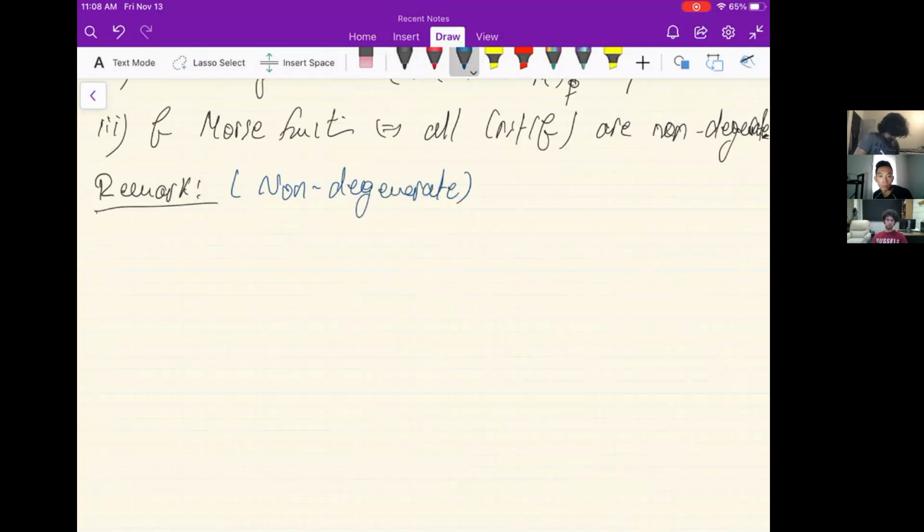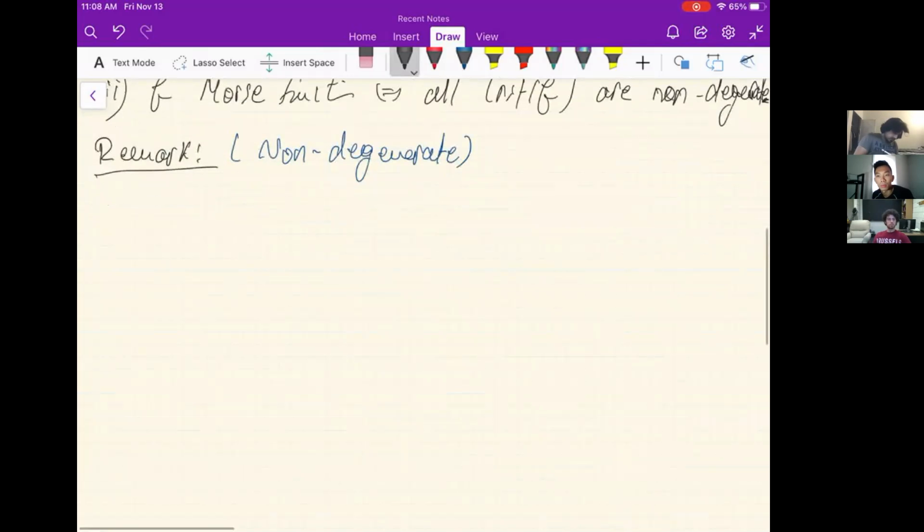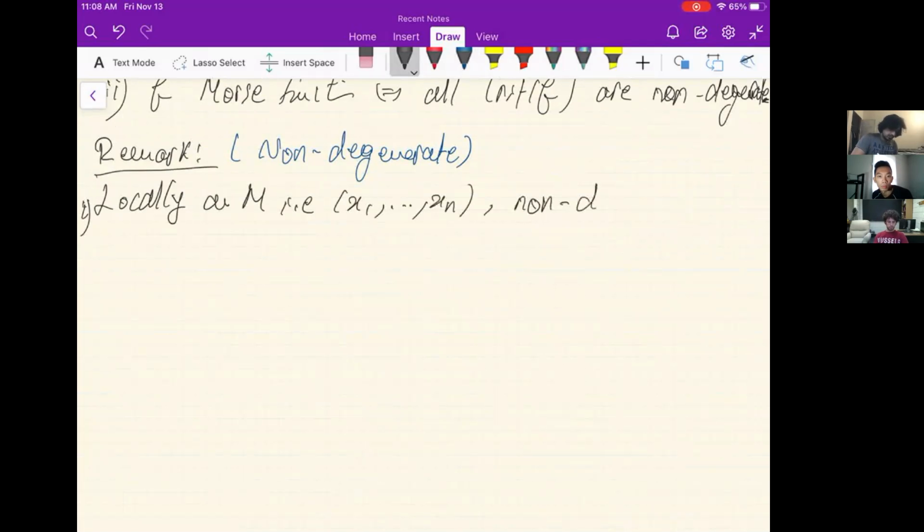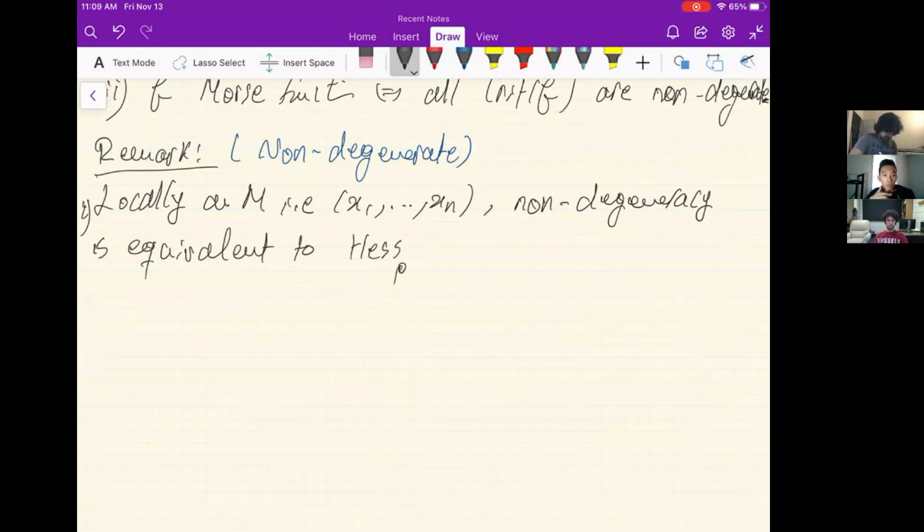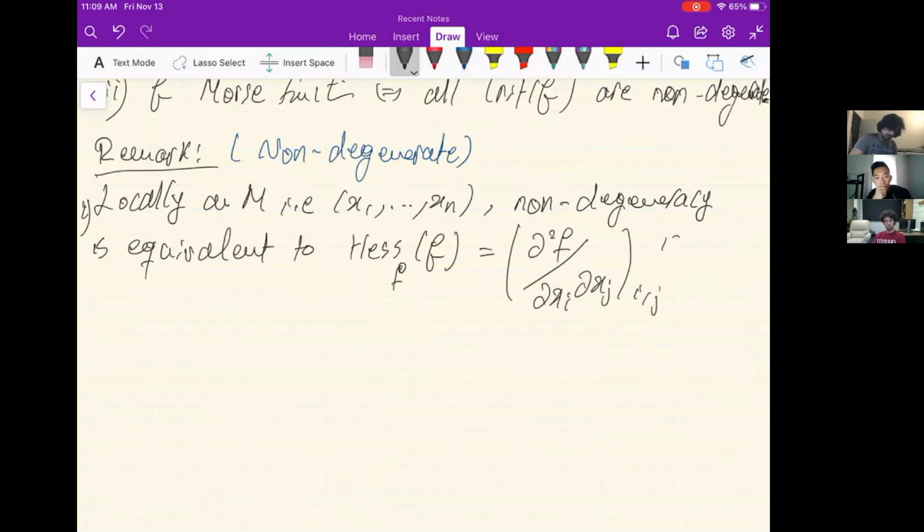Locally, on M, that is, if I give myself local coordinates on M, non-degeneracy is equivalent to saying that our favorite matrix, the Hessian matrix of f, the second derivatives, all at P, is a non-singular matrix. That is, its determinant is non-zero.